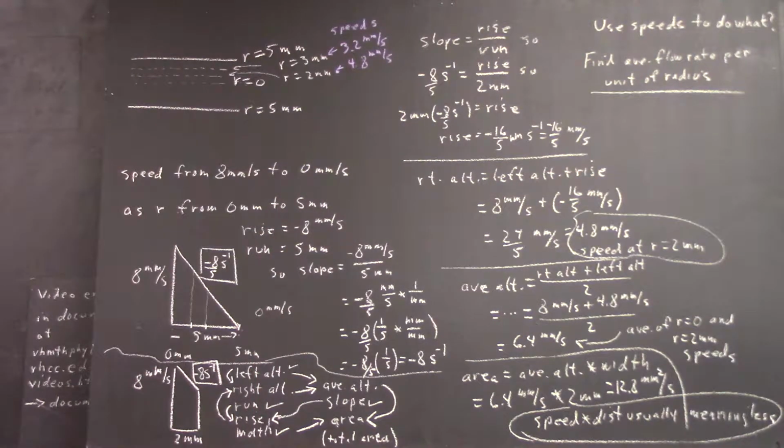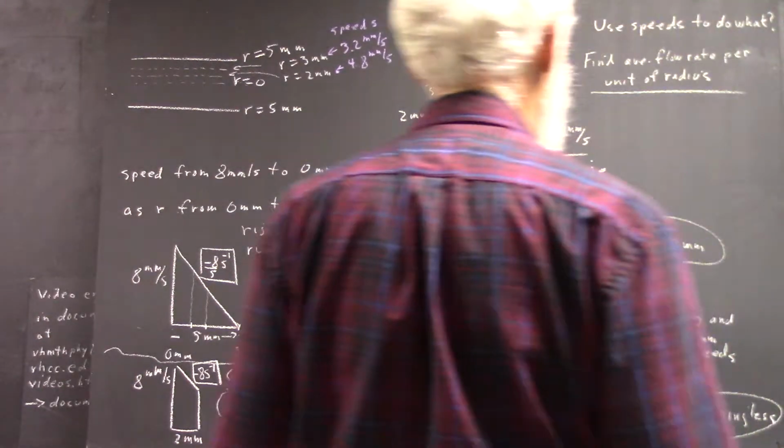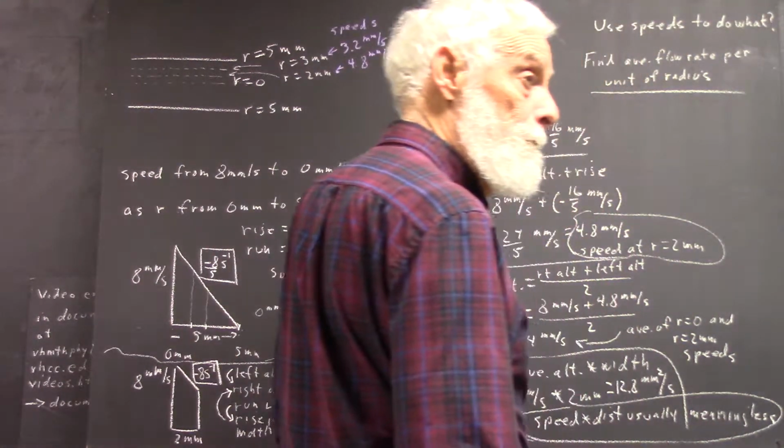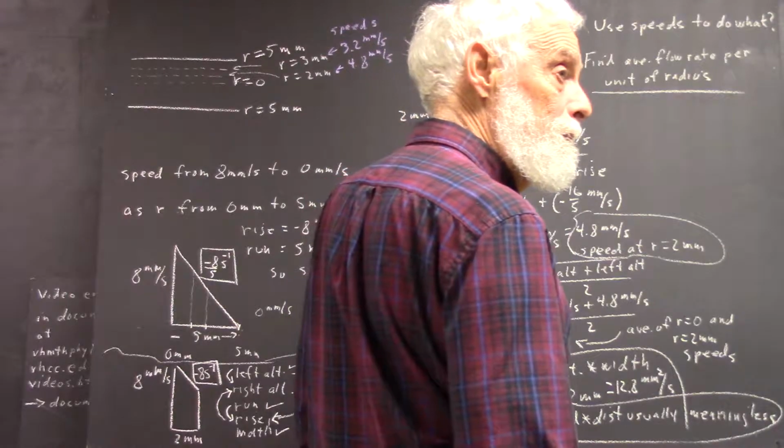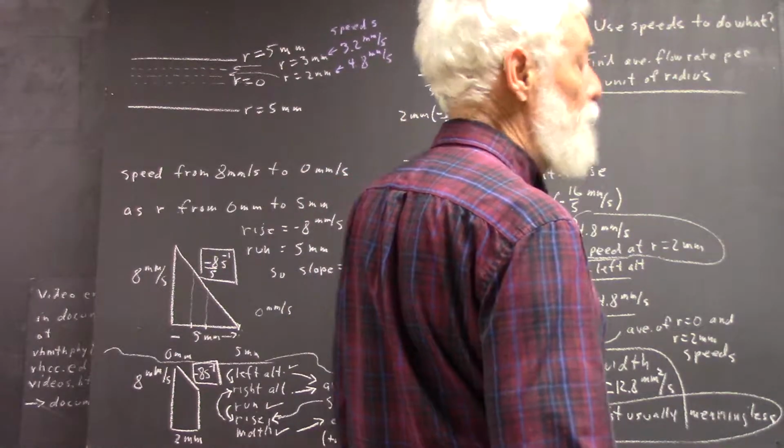Okay, well, we can do that for R equals 2 millimeters, but if you read the paragraph, it says the rate at which blood flows per unit of radius at distance R from the center is equal to what? Equal to the speed of the distance multiplied by the circumference of the circle at radius R. I think you read it.